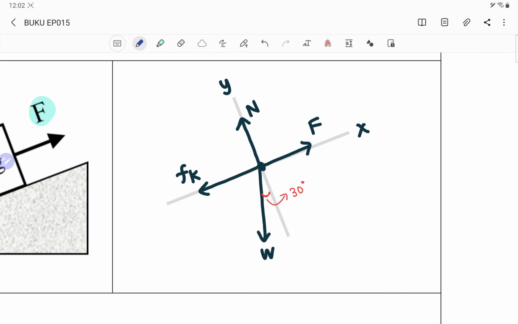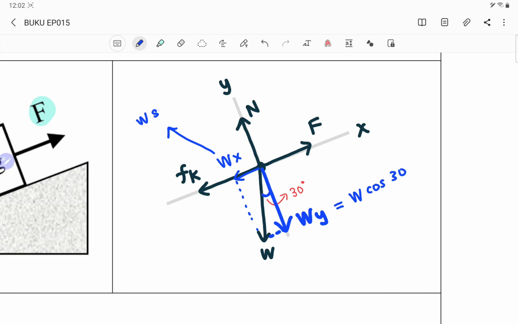Okay, so according to this FBD, kita kena resolve W. So this one would be WY. And this one is WX. Okay, so untuk dapatkan nilai WY, dia akan jadi W cos 30 sebab angle berada dekat dengan paksi Y. For WX, WX adalah W sin 30.